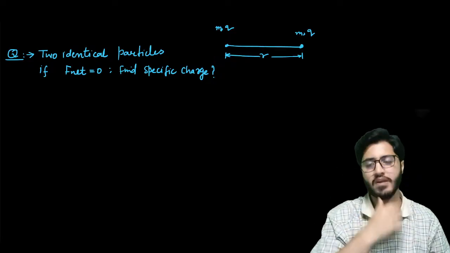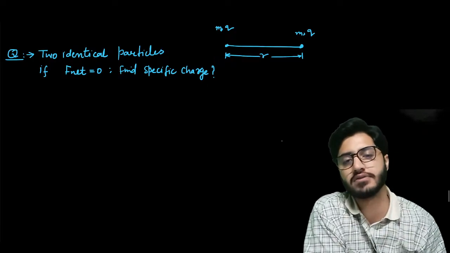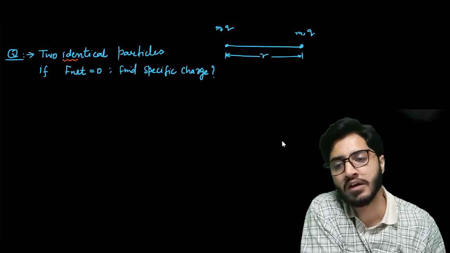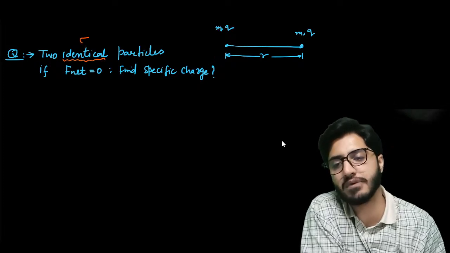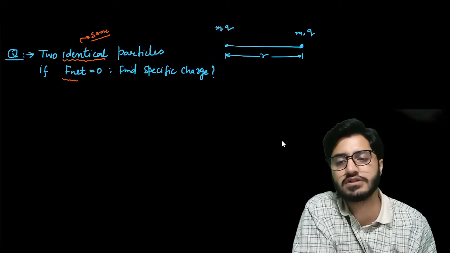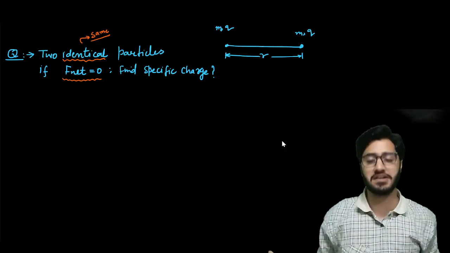Look now, the numerical is: if we have two identical particles. Identical means same. If we have same particles, and if the net force is zero, net means at the end.